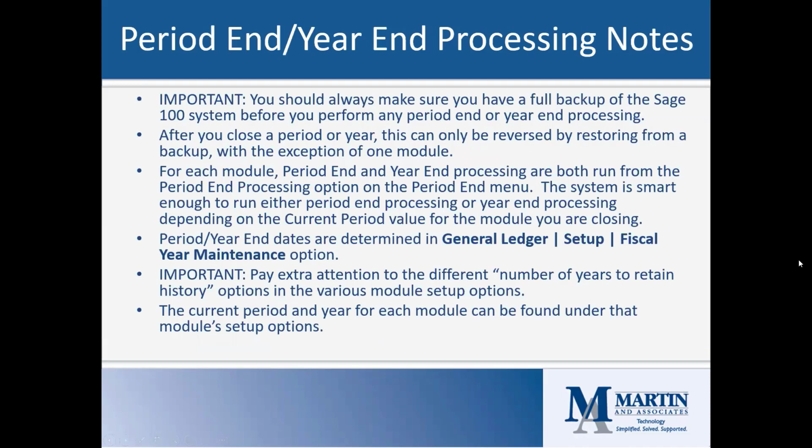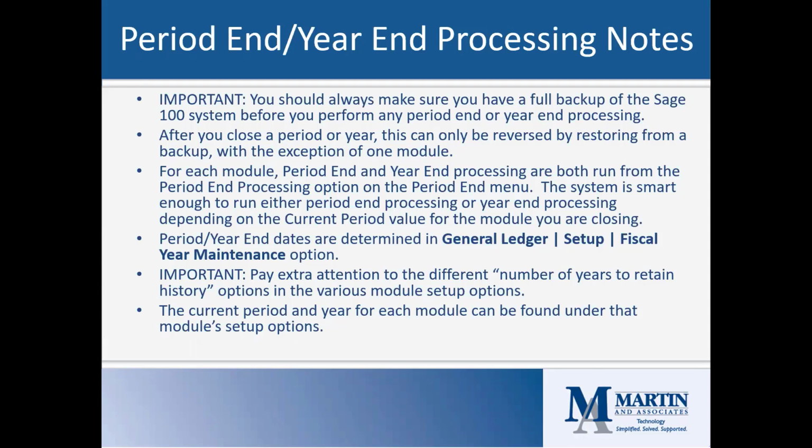Okay, some period end and year end processing notes, some things to look out for or be careful about. First thing, always make sure you have a full backup of your Sage 100 system before you perform any period end or year end processing tasks. Because after you close a period or a year, the only way you can reverse that process is by going to a backup and restoring.